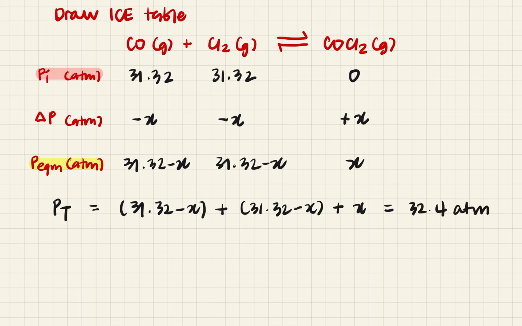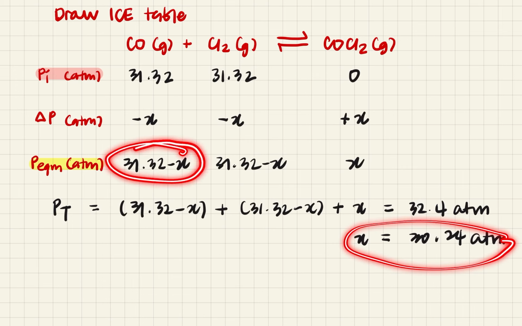Kan dah kena bagi kan. So you're going to find X. So your X will be 30.24 ATM.